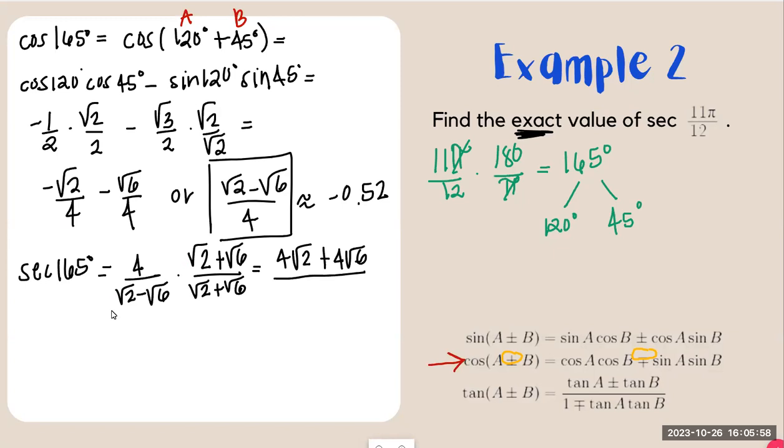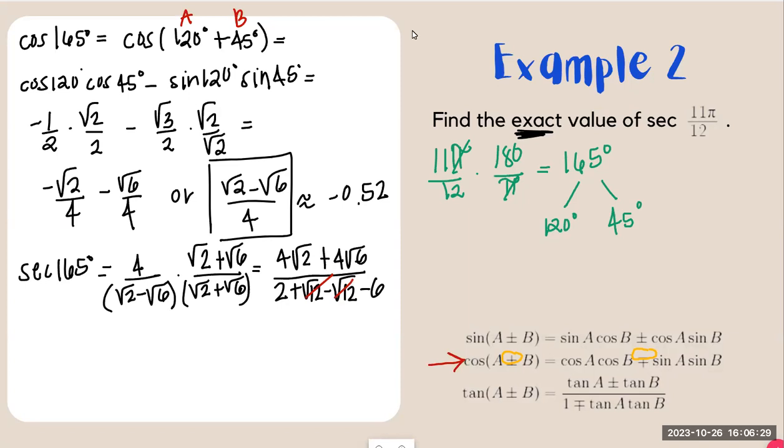On the bottom, we're going to distribute square root of 2. Square root of 2 times square root of 2 is 2. On the outside, we get positive square root of 12. On the inside, we get negative square root of 12. Those will cancel. And then we have minus square root of 6 times positive square root of 6, which is just minus 6.